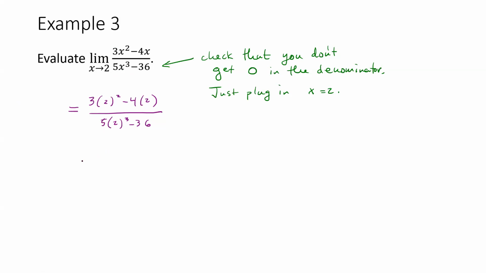Simplifying this, we get 3 times 4 is 12 minus 8, 4, over, let's see, what did we get? 4 down here. So that was 40 minus 36 is 4, so we get 1. Okay, so it's a piece of cake.